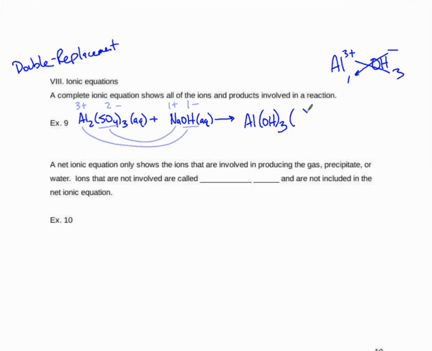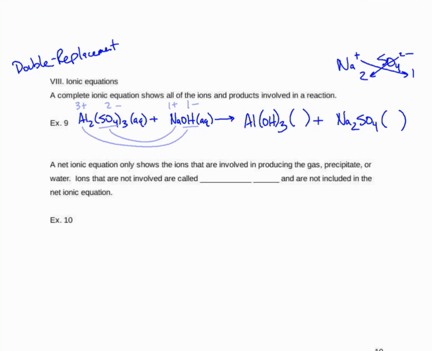And I don't know what its state is yet, so I'm going to put parentheses and come back to it. And my second product is between sodium and sulfate. So there's going to be 1 sulfate and there's going to be 2 sodiums. We're going to have to check that one too.